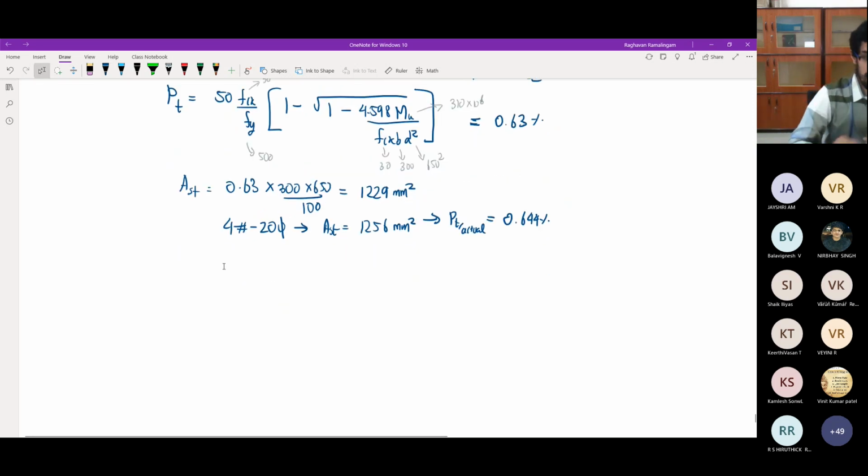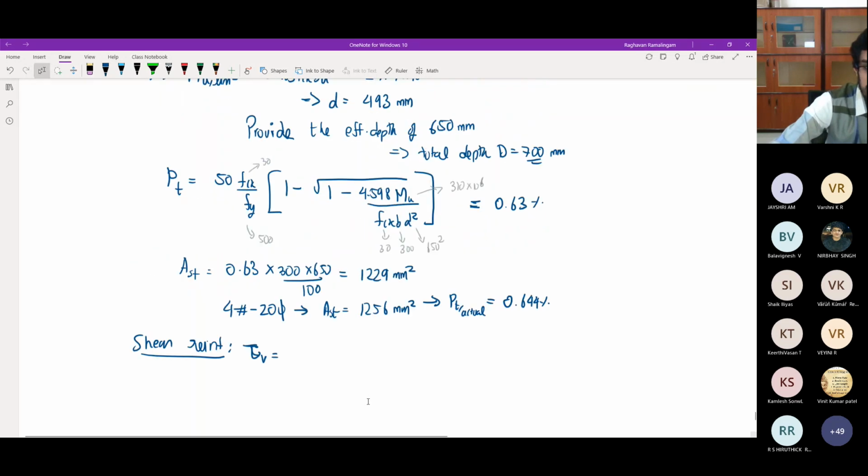Now, going to the shear reinforcement, we proceed as we always do for shear. So the first thing you will look at is the table for shear, the same table number 19. But before that, let me check my actual tau v.